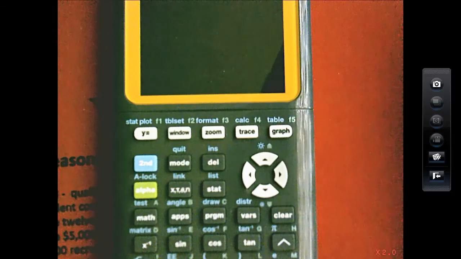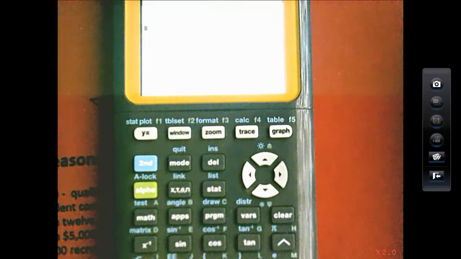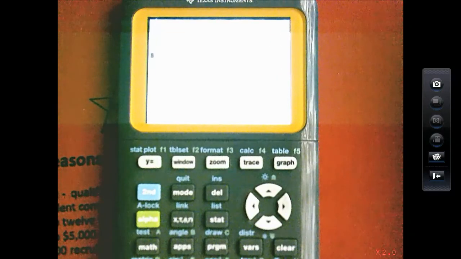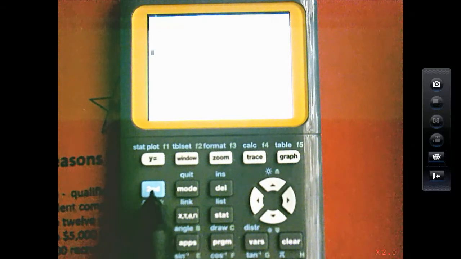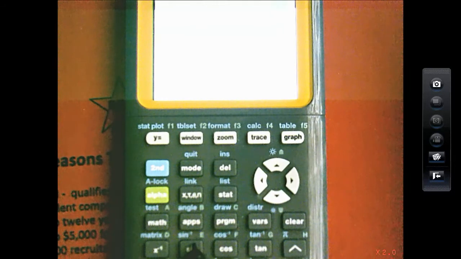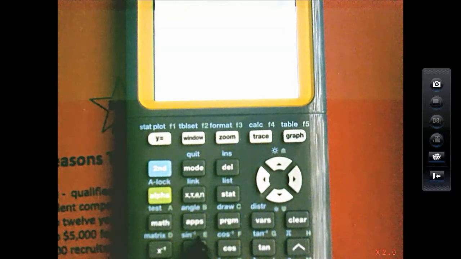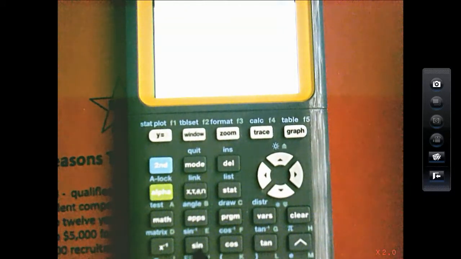Suppose you are using a TI-84. While computing inverse trig ratios, you have to click the second button, followed by sine. If it is cos, then you press second cos, second tan, and so on.